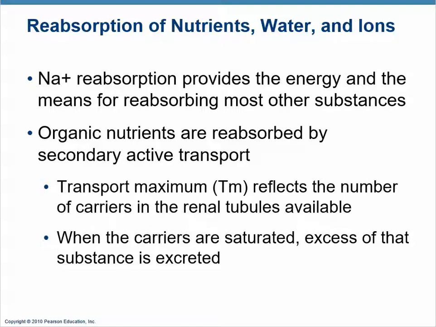If blood glucose levels are too high, then the glucose levels in the filtrate will exceed the transport maximum, and not all of the glucose will leave the filtrate. It will end up in the urine. So in the case of somebody with diabetes, it makes sense that there would be sugars in the urine, because the transport maximum of the glucose in the tubules is reached, and there's only a certain amount that can be reabsorbed. The rest is just peed away.